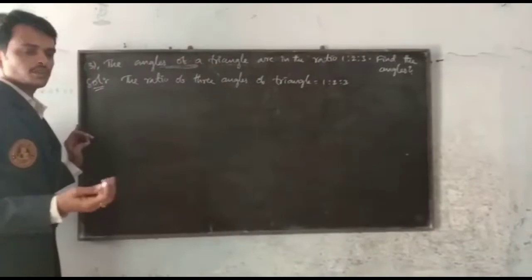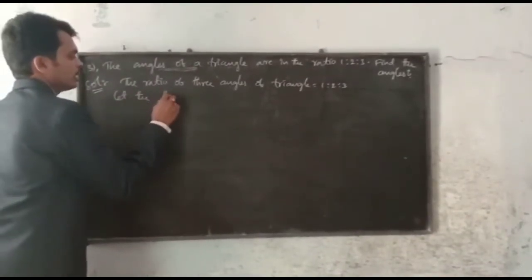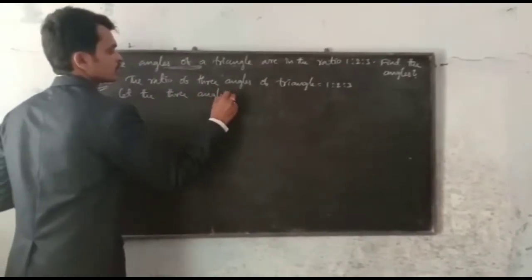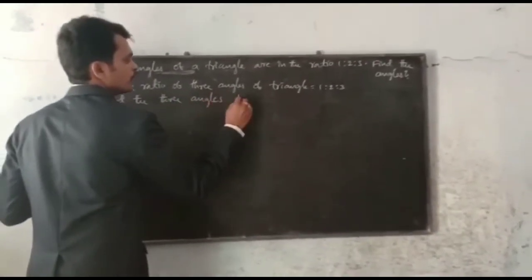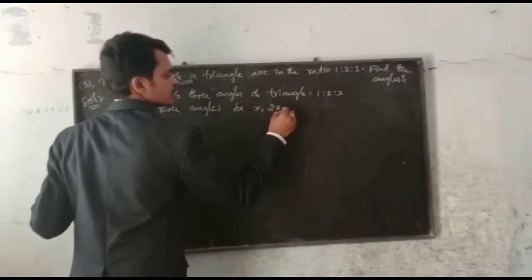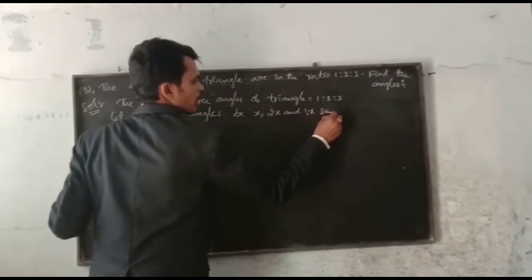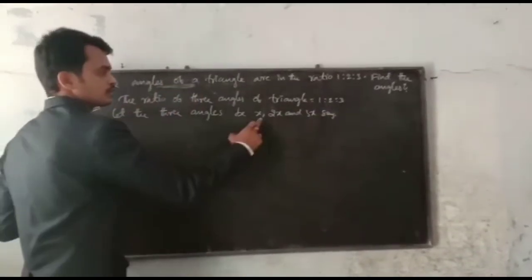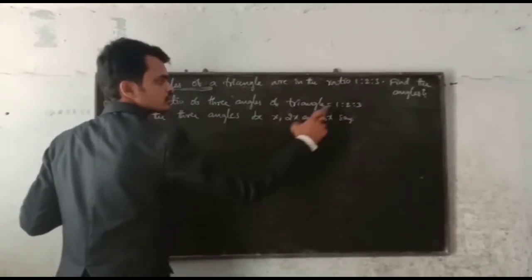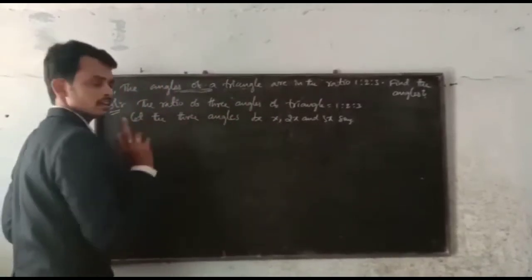So we don't know the angles, so let the three angles be x, 2x and 3x. We have to assume. So using the variable, this is 1 into x, 2 into x, 2x, 3 into x, 3x. We have to assume these as the angles.